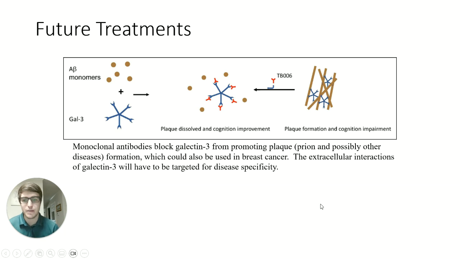So for future treatments, maybe they can use antibodies to block these proteins, or maybe antibodies that encourage the normal structure to take place. So the more alpha helical form of the prion protein can be promoted by antibodies. So maybe that's a future way that pharmaceutical companies can go about treating this, but it's still up in the air.